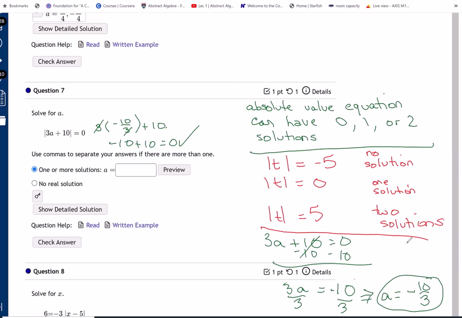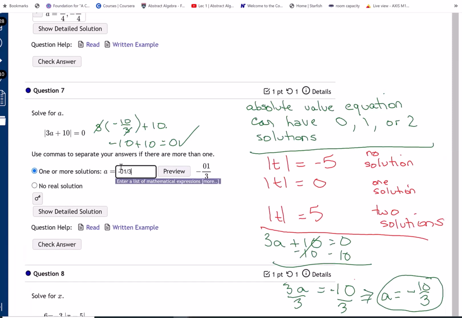The a is inside the absolute value. If I put a positive 10/3 in there, I won't get 0. I have 1 solution here because it equals 0. -10/3. Check.